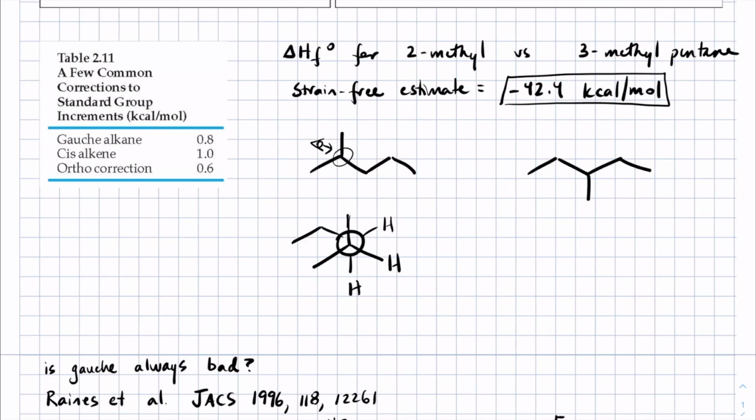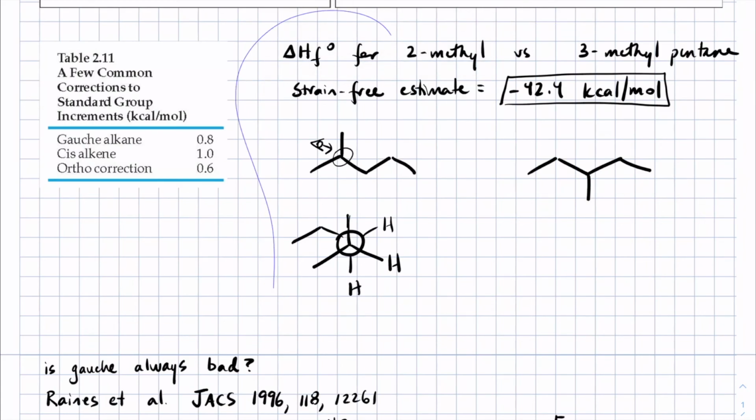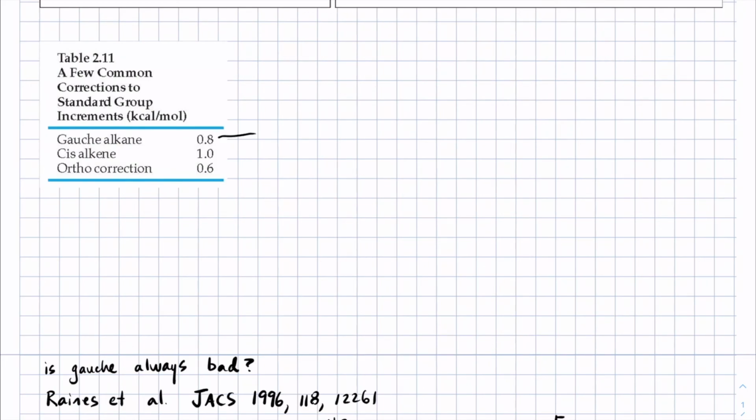I don't think I actually want to go through this analysis. I thought about it, but it's not totally clear to me how to count all the gauche interactions, and I'm not sure that'll be important for us, other than to say that each gauche alkyl type interaction is worth about a kcal per mole in stability. So consider that. That's sort of the penalty for having groups gauche to each other.